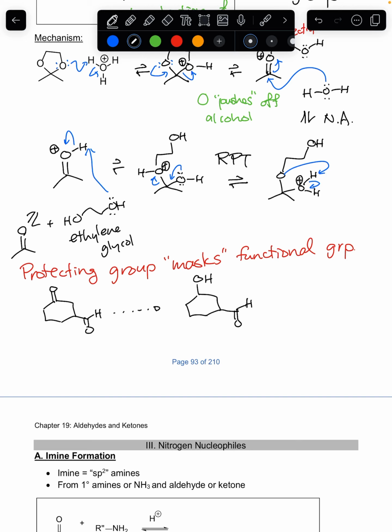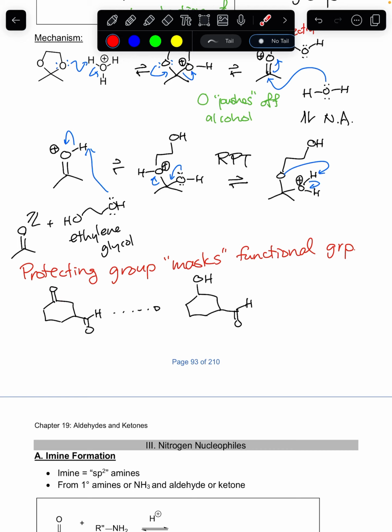Well, you can't just expect to throw in some reducing agent and expect that reducing agent to only go for this ketone and not the aldehyde. For one thing, that reducing reagent molecule doesn't know that you only want this ketone to be reduced. So how would you accomplish this?